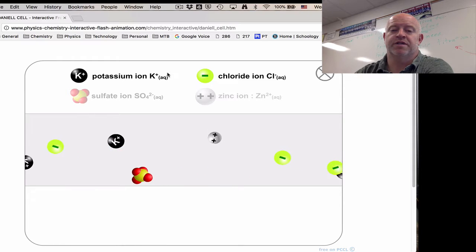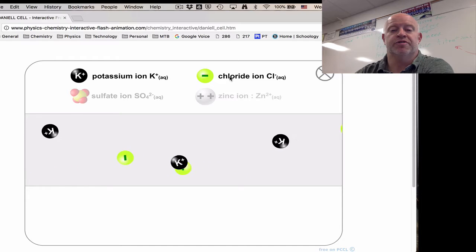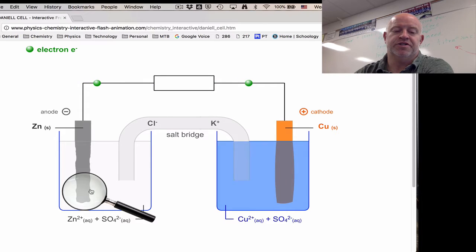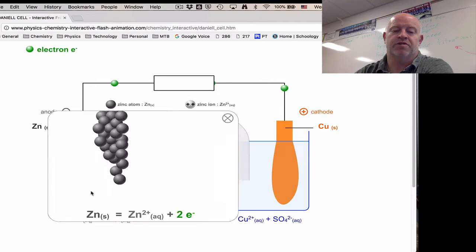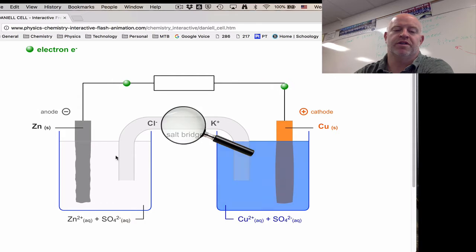The potassium ions and chloride ions are both going to be spectators in the actual chemistry. However, we need to have a balance of charge. As the zinc breaks down and we get more and more zinc ions coming into solution, this side would become more and more positively charged.